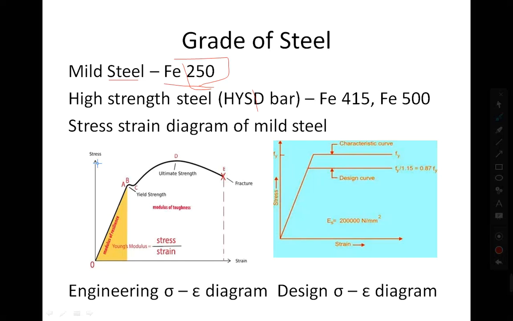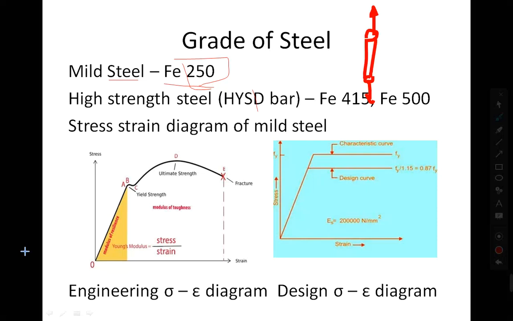The stress is plotted on the y-axis and strain on the x-axis. The specimen, meaning the reinforcement bar or steel bar, is placed on a universal testing machine and load is applied. We know the load value and the area, so we get the stress, and the strain you can get from the dial gauge deformation.